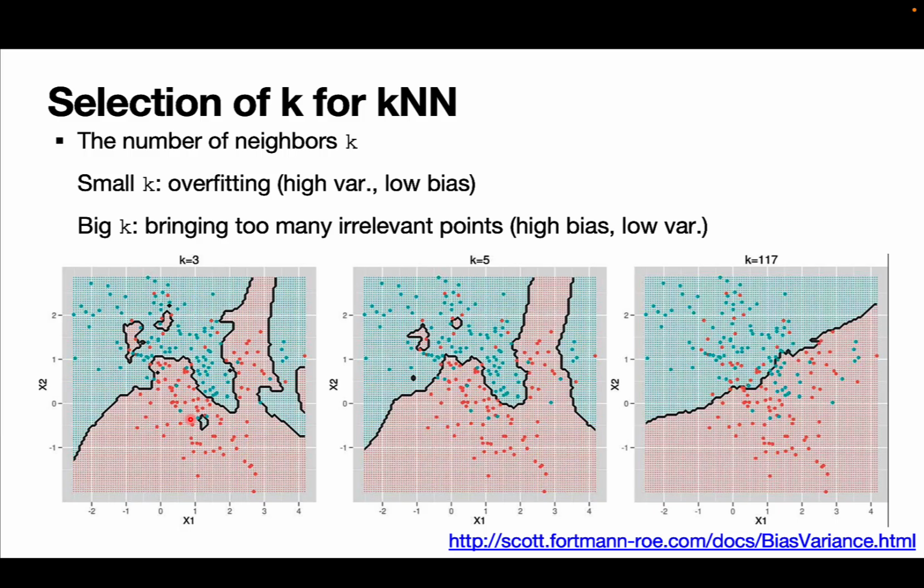So, for example, we might have a large green region, but inside this large green region, we have some reds that made an island. And this can sometimes lead to overfitting as the model starts to focus on noise or even irrelevant data.